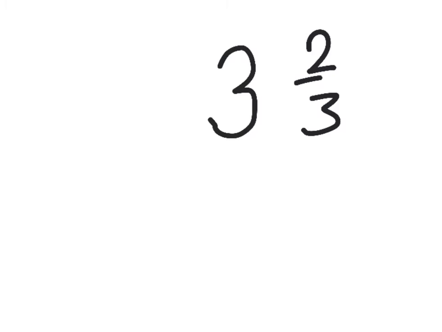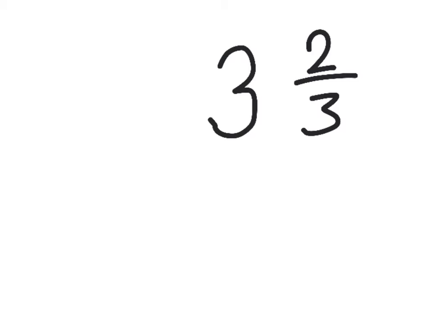Now, let's say I have a mixed number that I want to make into an improper fraction. This one is, I think, a little bit easier because it's just 2 steps. So let's say I have a mixed number like 3 2/3.